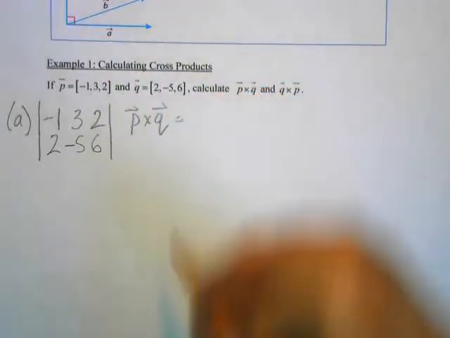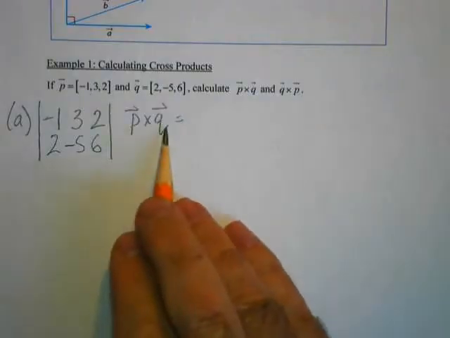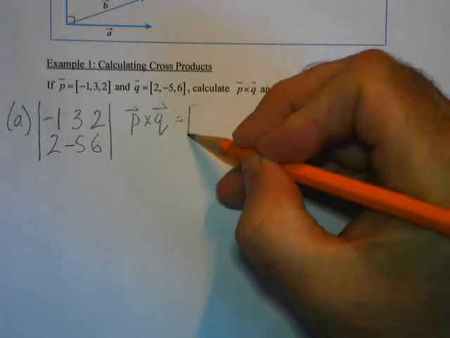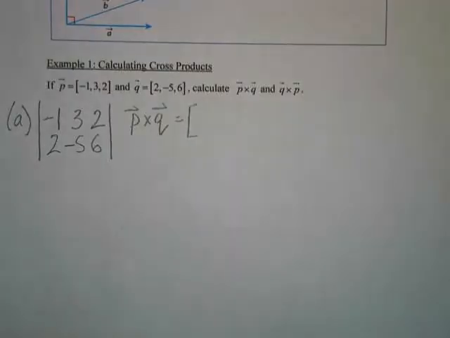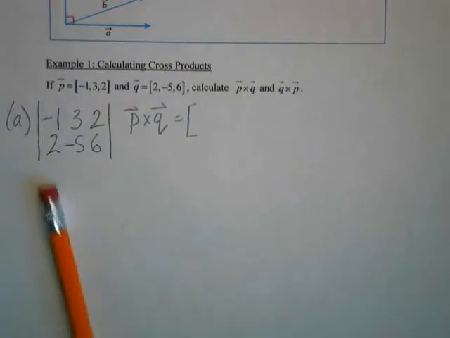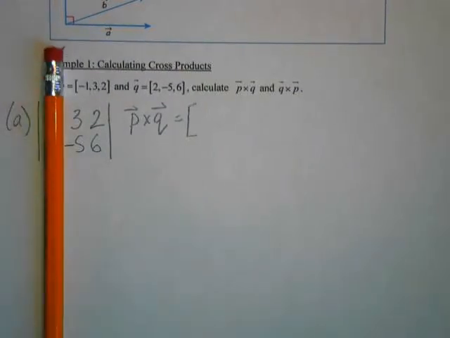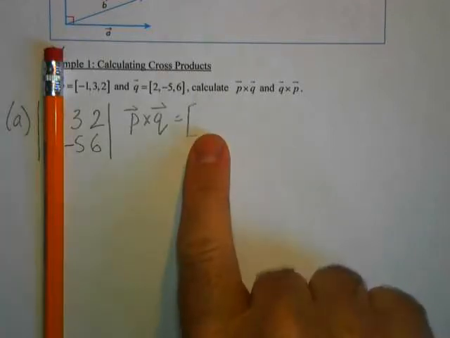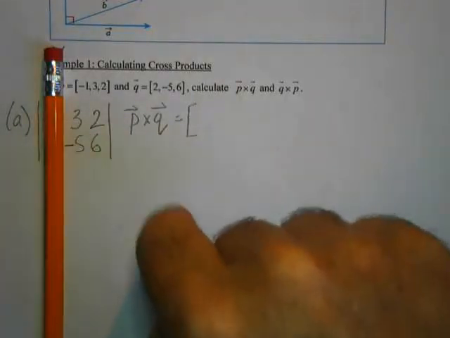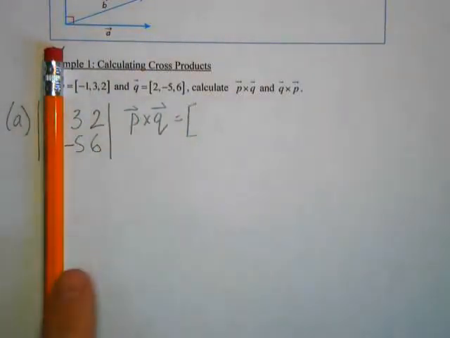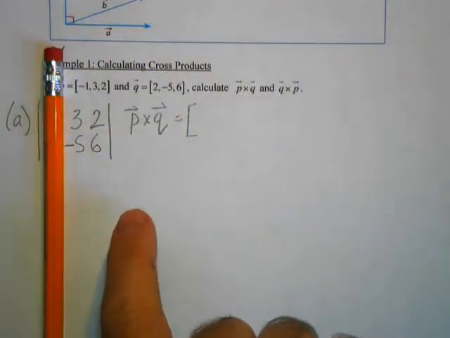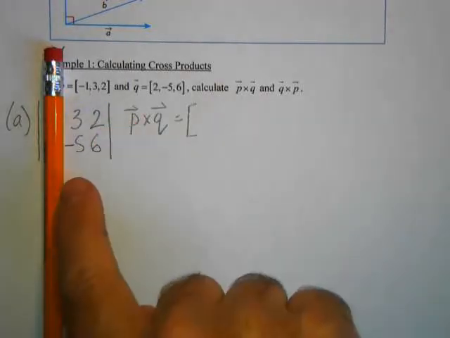is equal to, now we know the result of this is a vector, so I'll put it in vector component form. So for the first component, I basically cover the first column because we're doing the first component. And then we do kind of a cross multiply here. We start off with 3 times 6, and then we subtract 2 times -5.